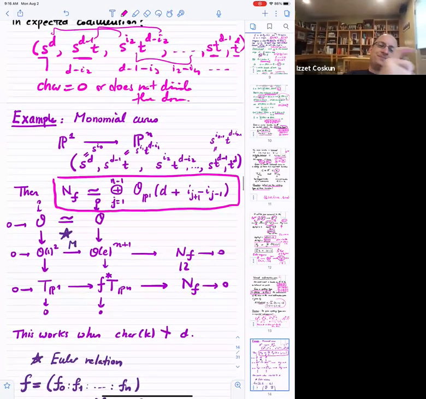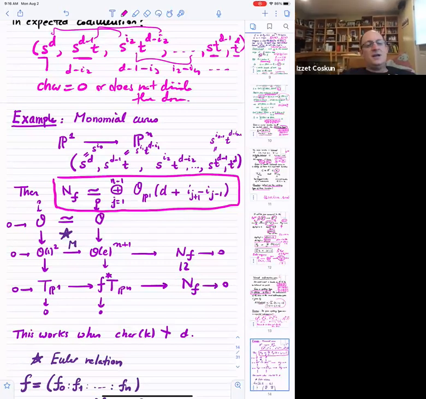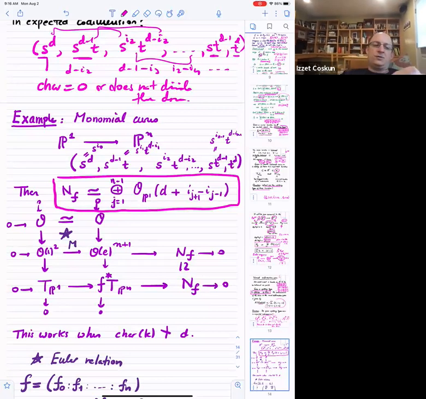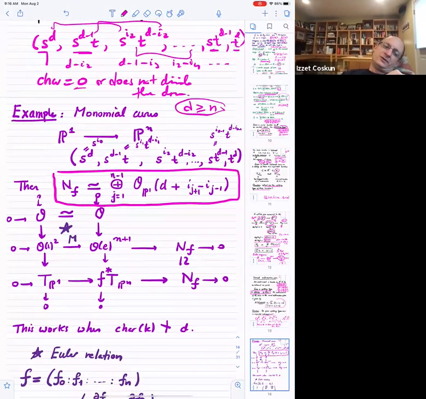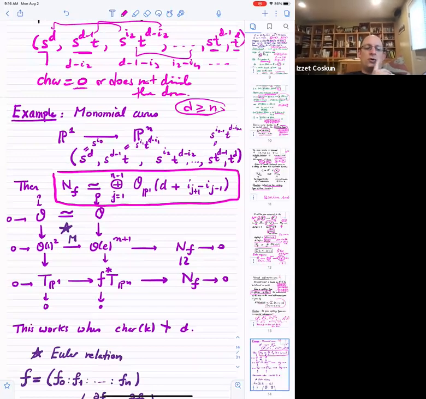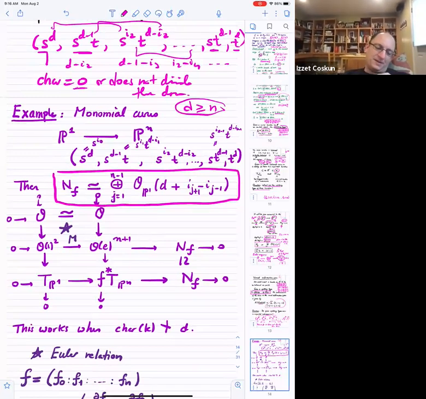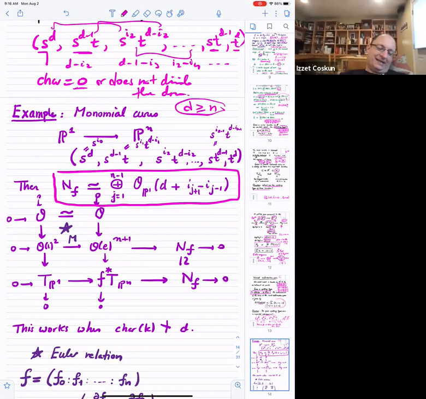Is the statement clear? I have a curve given by monomials like this. I insist that the first are s^d and s^(d-1)t, and the last two terms are st^(d-1) and t^d, and I don't tell you what happens in the middle. And here I want d to be bigger than or equal to n, and as I said, I want the characteristic of the base field to either be 0 or not divide d, okay? Then how do you compute this thing?